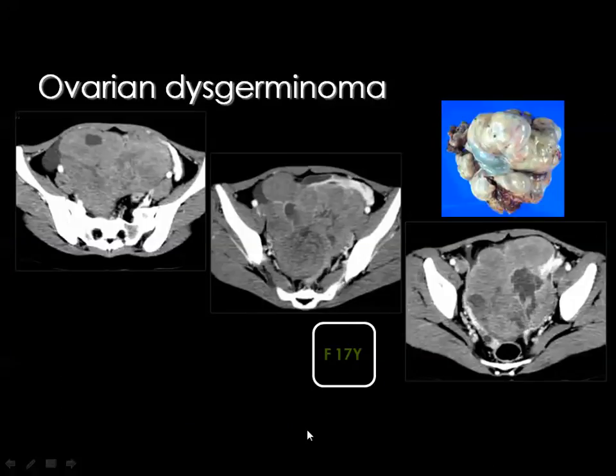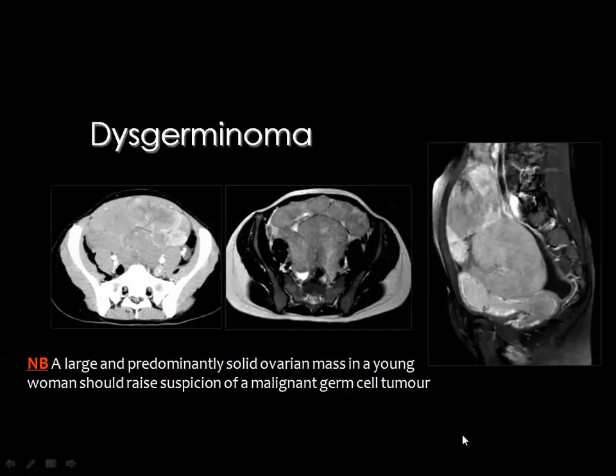And remember, the age of the patient is young and the tumor is big. Most of the tumors are solid, and some may contain cystic changes. And this is one of the rules: a large, predominantly solid ovarian mass in a young woman should raise the suspicion of malignant germ cell tumor.